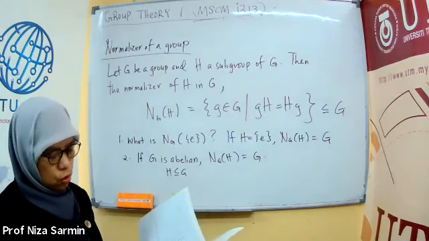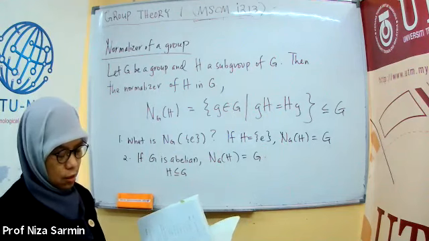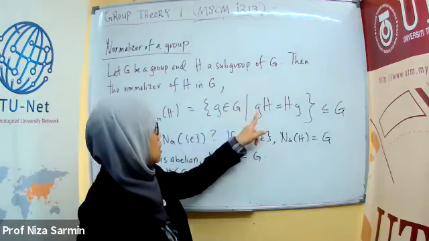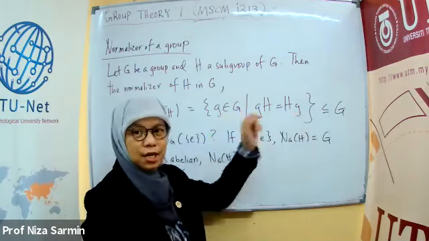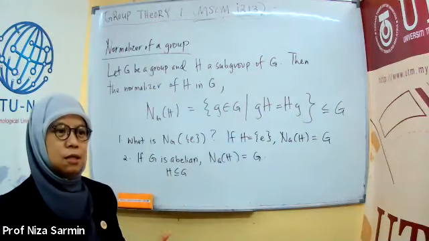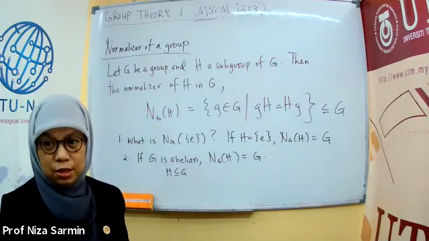You can go through to see what is a subgroup. Why is E inside? Because EH is HE, right? So E is inside. Second one, test of subgroup. It has to be closed, right?